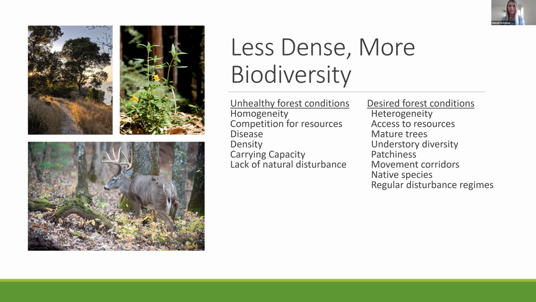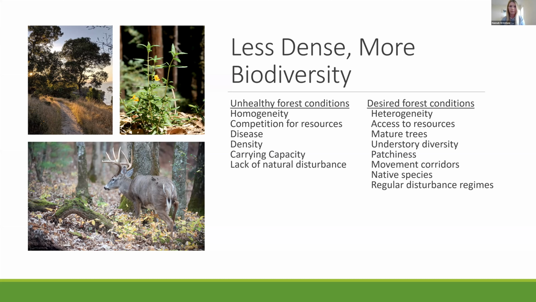We have forests that are more susceptible to disease or pests like Dan had discussed. And we also consider these forests somewhat stagnant. They're often at their carrying capacity in terms of how much growth there can be, and there isn't a lot of opportunity for new diversity or change in the forest structure.